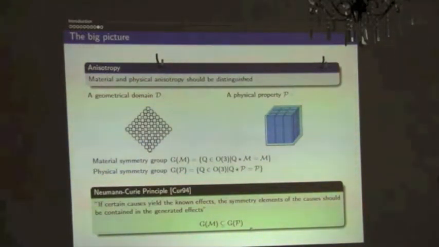Every discrete rotation is contained in the physical symmetry group, which is an infinite one, called transverse isotropy. So there is just a containment relation, and the exploitation of this relation can give you a lot of prior information on your behavior, and using group theory you can deduce a lot of things without doing any computation.